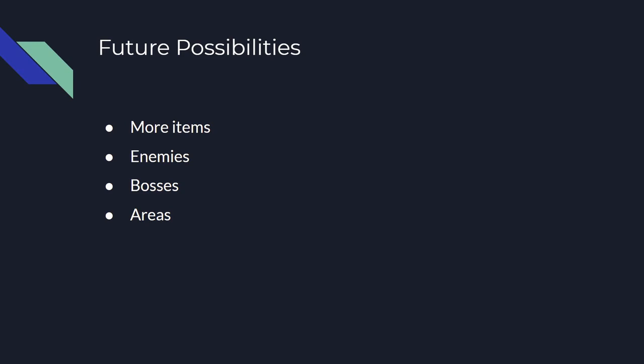So then we can add a magic potion where, like the health potion, it'll just increase the amount of magic uses that the player has, and also more enemy types. We have about 4 areas in our game right now, and having specific enemies for each area would be really nice and cool to have.